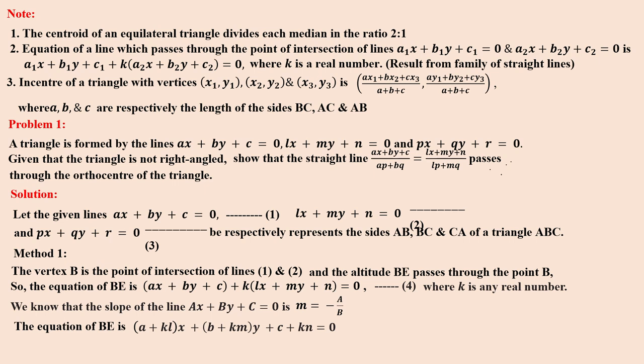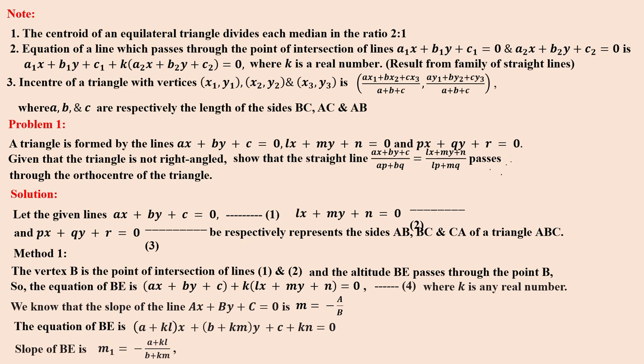So from 4 we are rewriting, grouping x, y and constant terms. The x term: Ax + kLx, so (A + kL) into x. Similarly By + kMy. So y is common, take it outside: (B + kM) into y, plus C + kN equal to 0, right? Slope of BE is m1.